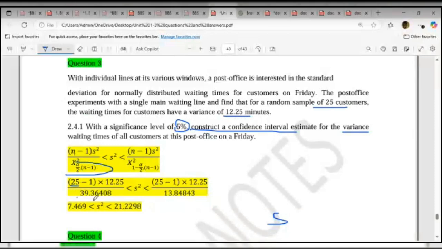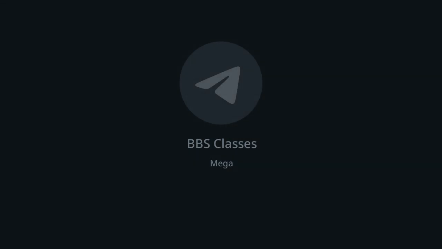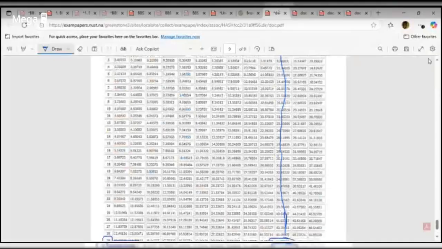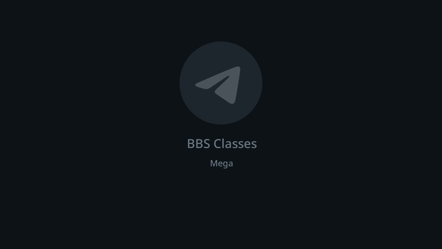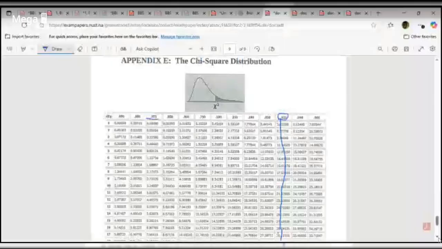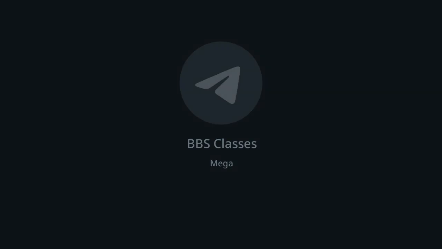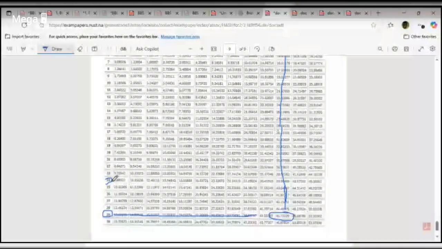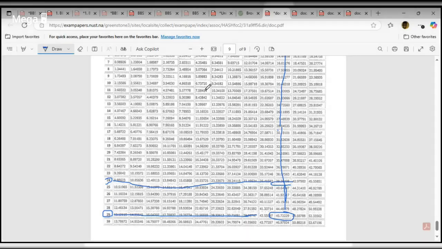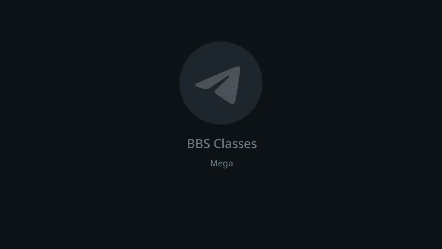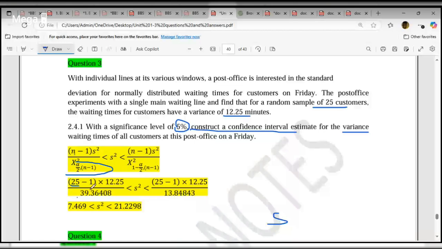So go to our table. We look for 0.025 here, and that is our value. Then we look for 24 here, and we check. If you check nicely, these two meet at 39 point something, and that will be our value. So this 39, that's how we got it.